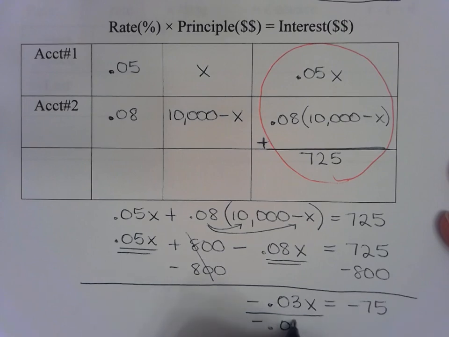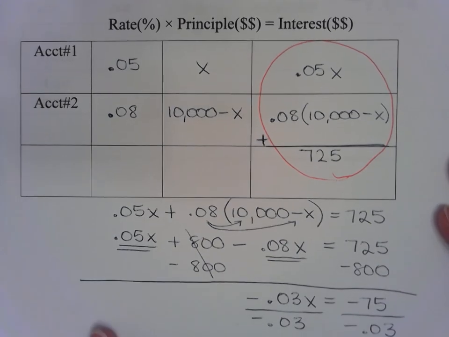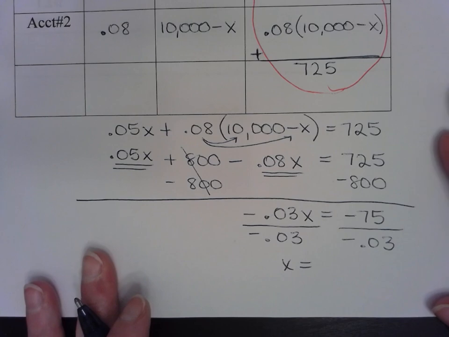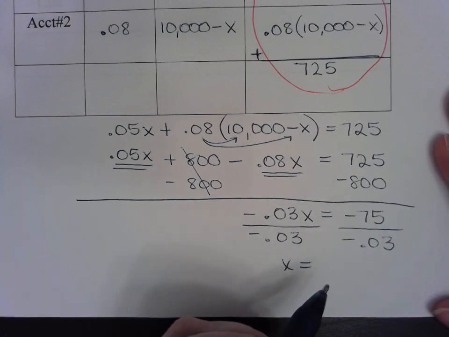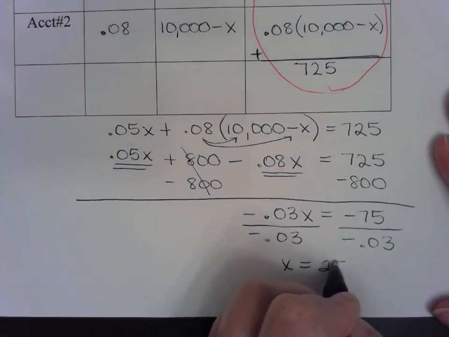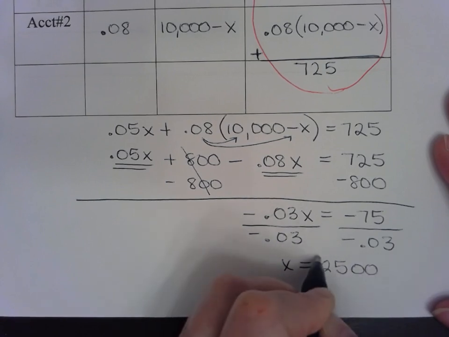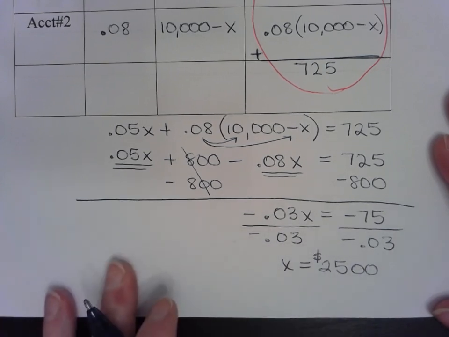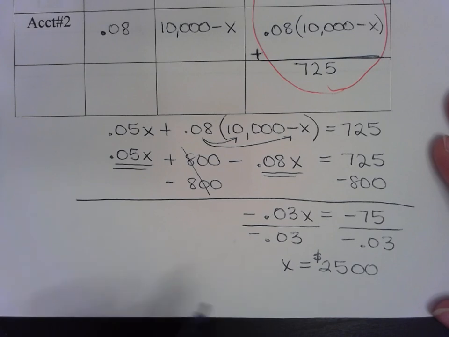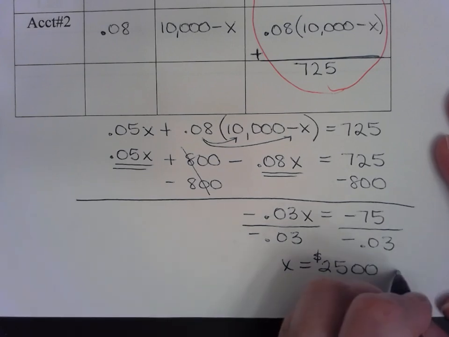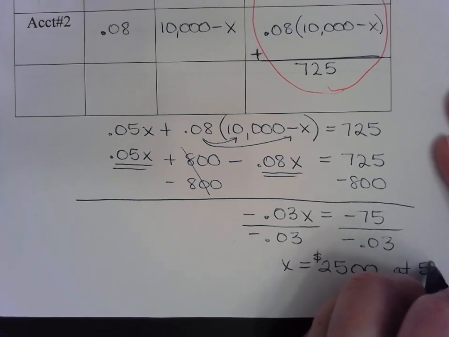So when I divide by 0.03, that's going to give me 2,500. And if I go all the way back to the top, remember x was the amount that I deposited at 5% interest.